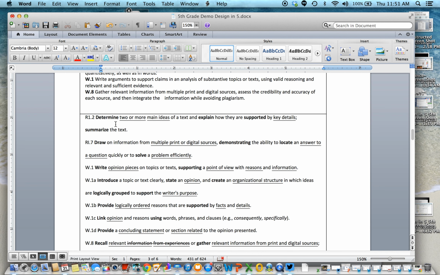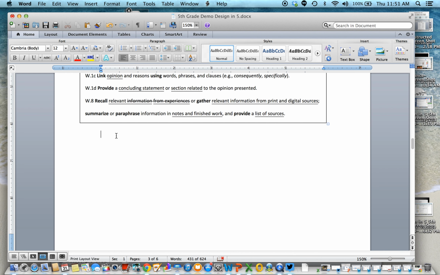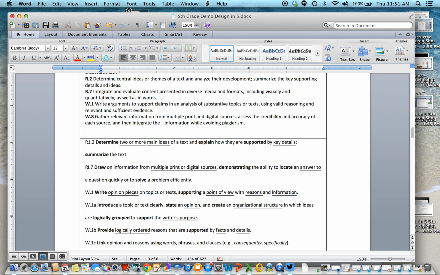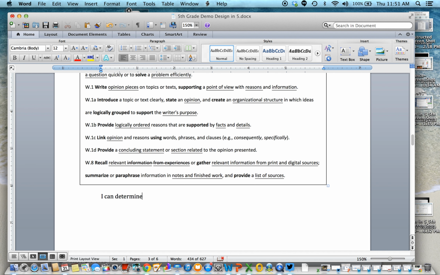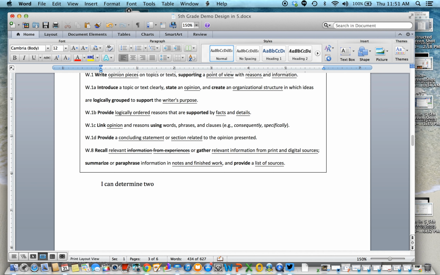So I'm going to say I can determine, I'm going to use the word determine because determine is a pretty specific word, 2 or more main ideas of a text.